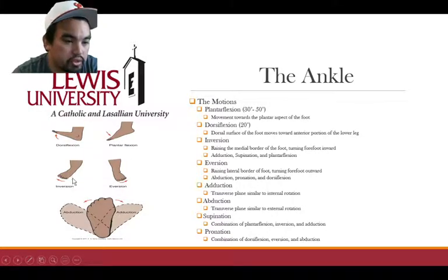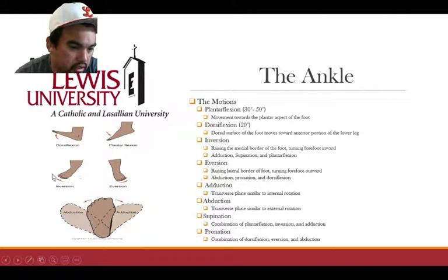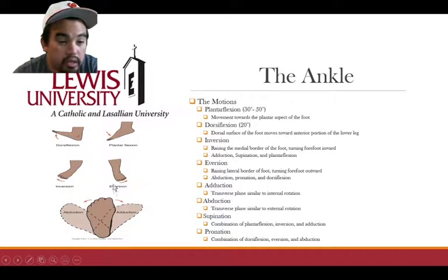Then inversion is where you bring the big toe towards midline of the body. Okay? So that first phalanx will come in towards midline. Eversion is the big toe moves away from midline. Okay. Then we have abduction and adduction, which is more of a rotation of that. It's more in the transverse plane.